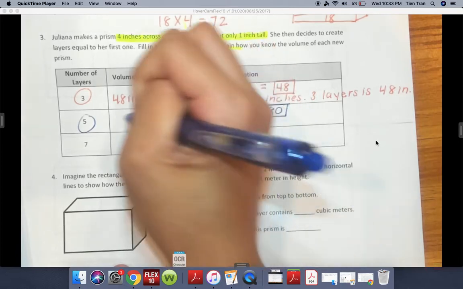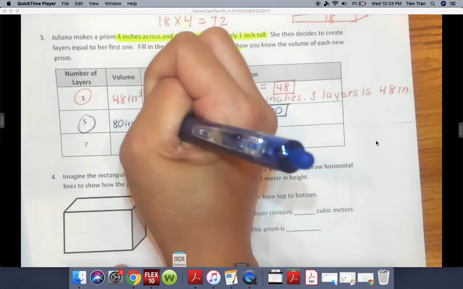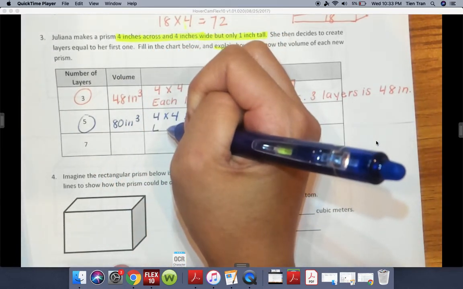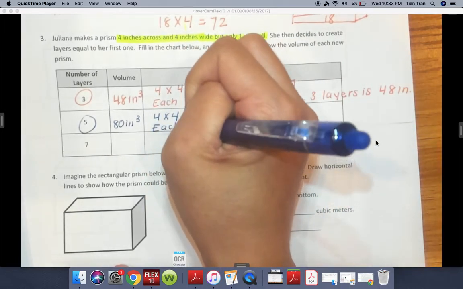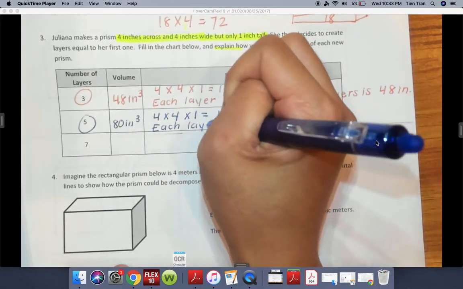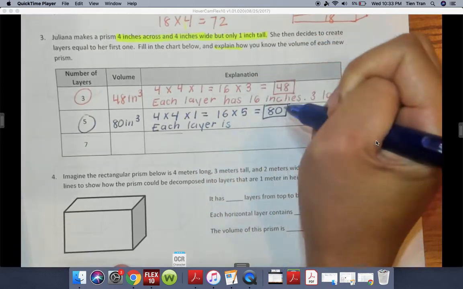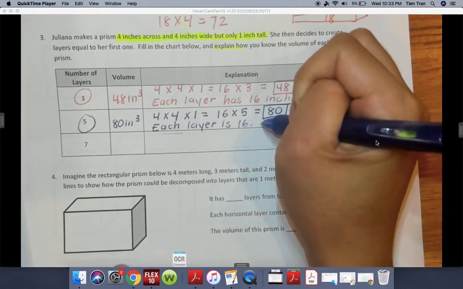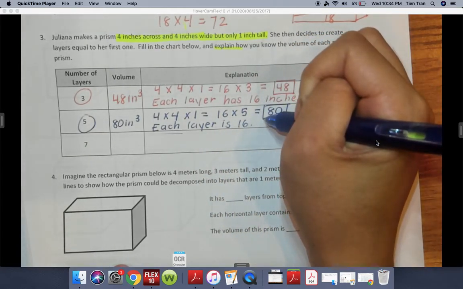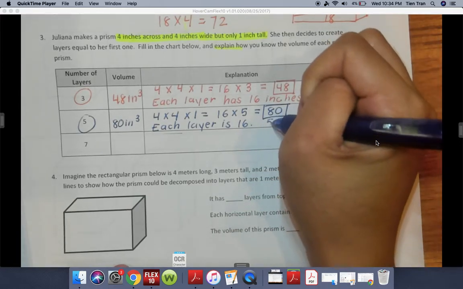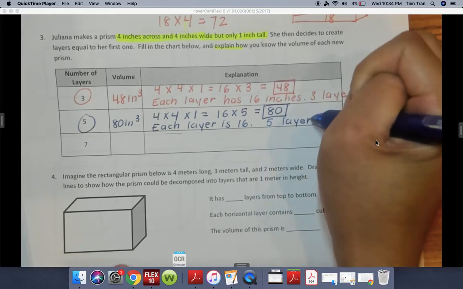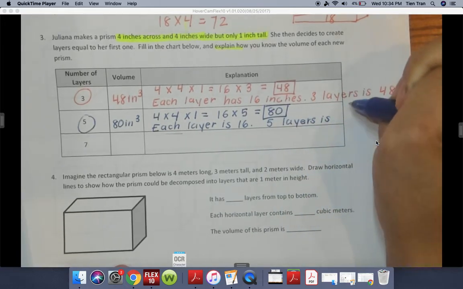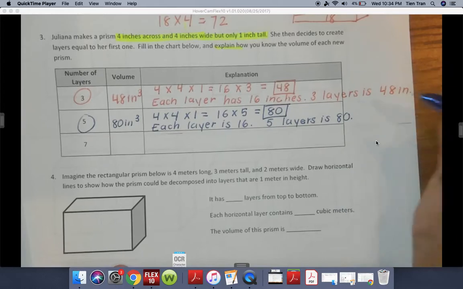So 80 inches cubed. So each layer is 16, and then 5 layers is 80 inches.